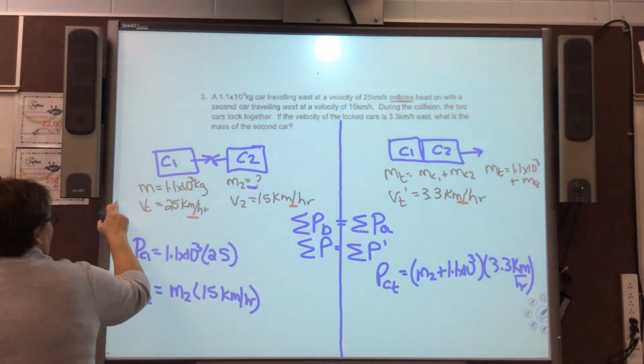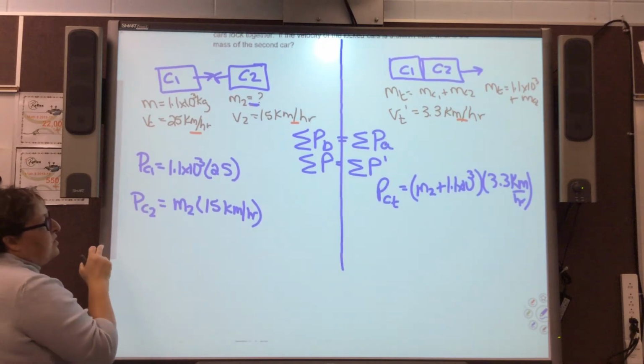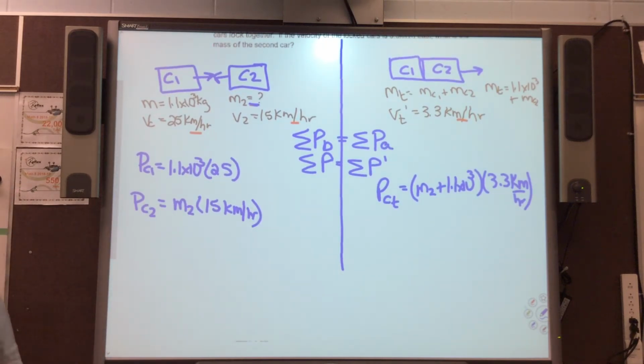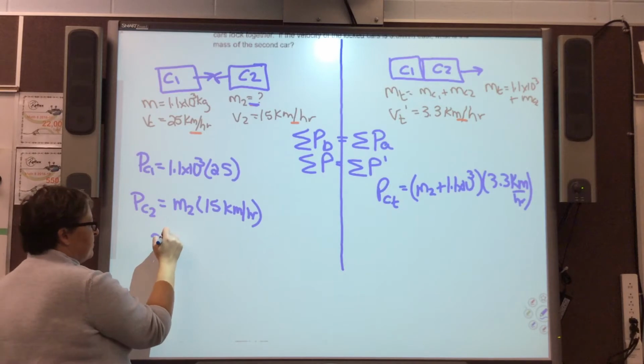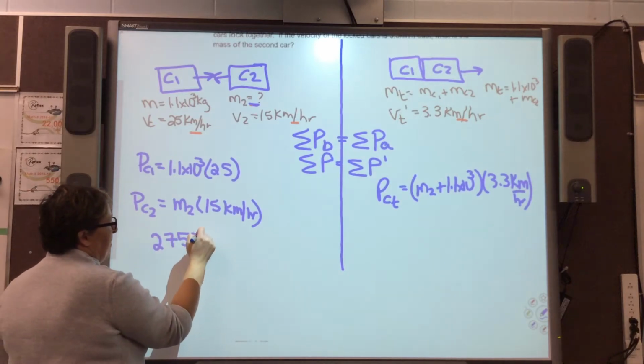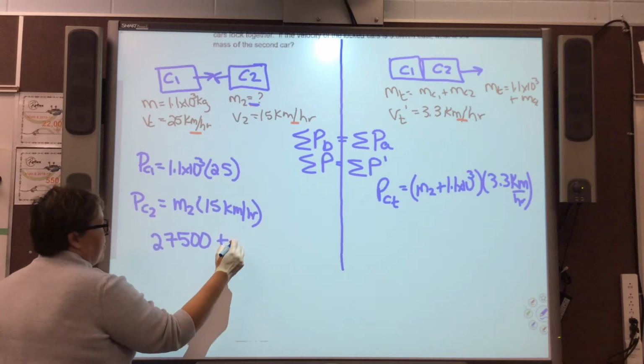Okay? So 1.1 times 10 to the 3 times 25 kilometers per hour is what? That's a big car.